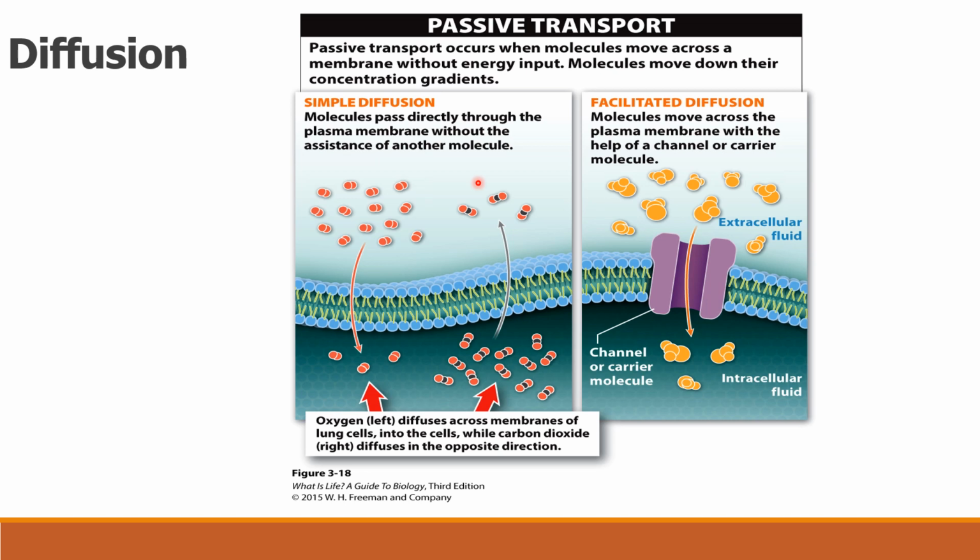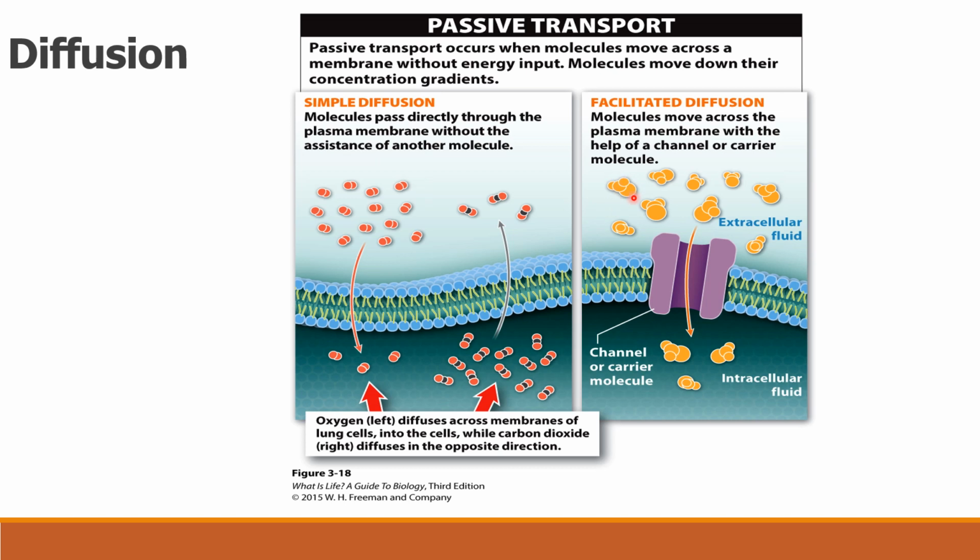Now, how can these molecules pass through the plasma membrane right away? Those molecules are usually small in size. So the smaller the size of the molecule, the easier it would be for the molecule to pass through the membrane. But what if you have pretty large molecules like most of our proteins?